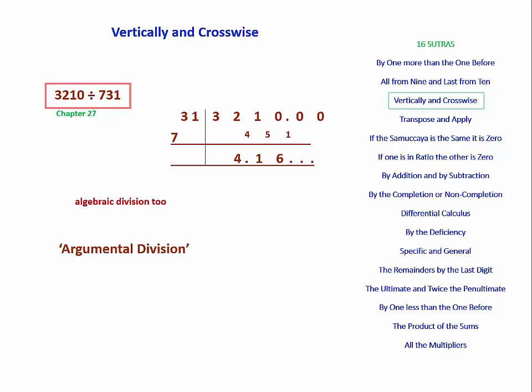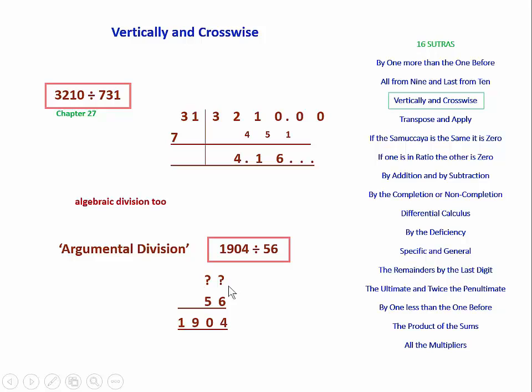Tirthaji also shows a method called argumental division, in which he takes the multiplication method of multiplying algebraic expressions and reverses that so we can do division, and that also actually can be used for dividing numbers. So if we wanted to divide 1904 by 56, we're really asking what digits need to go here to multiply 56 to give 1904, and by reversing vertically and crosswise multiplication we can do that. And Tirthaji covers this in chapter 6.